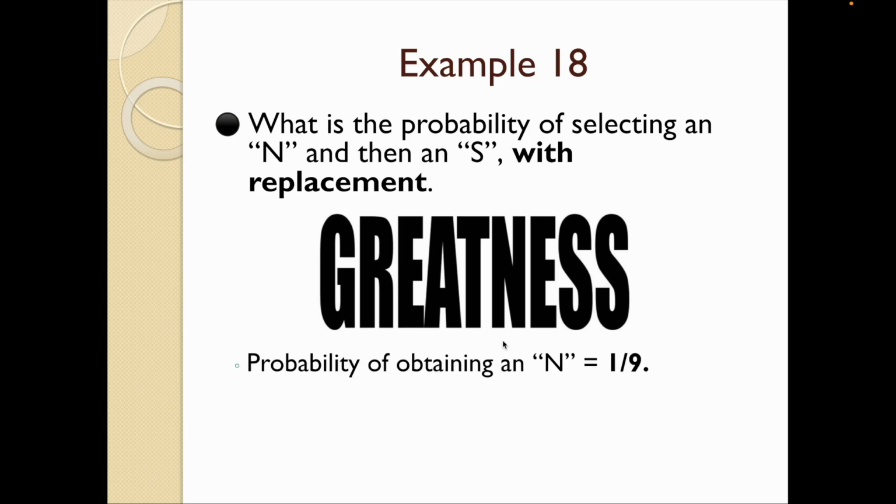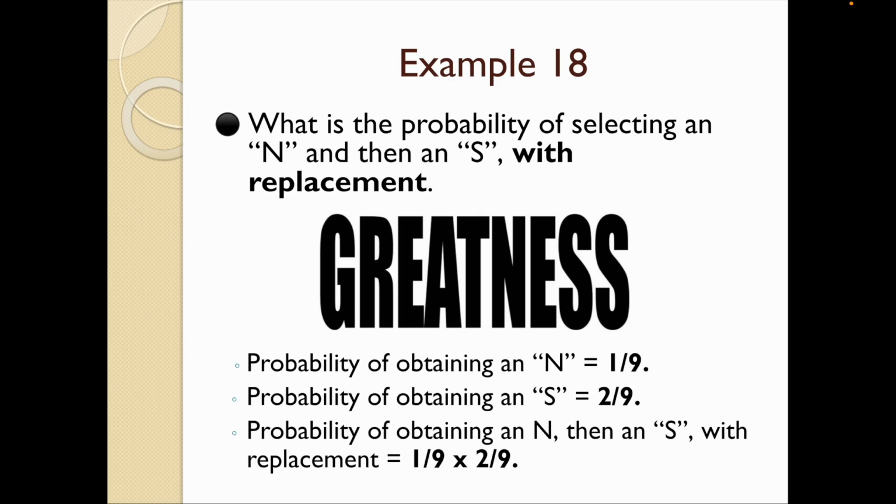What's the probability of selecting an S? 2 out of 9. The fact that this question said with replacement, I know that my first selection of the N would not affect my second selection of the S. So in this particular instance, this would be independent, and since it's independent, I would multiply both of them together.